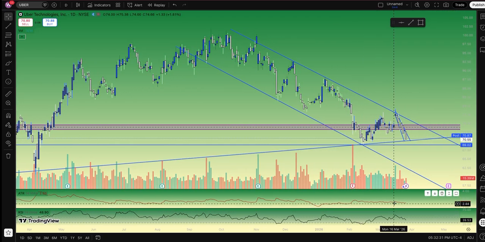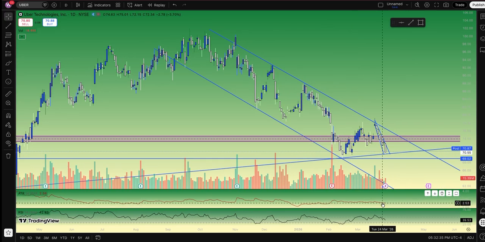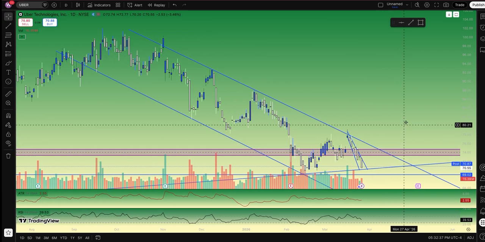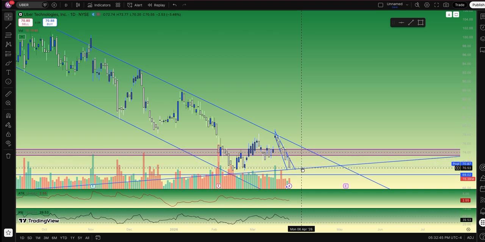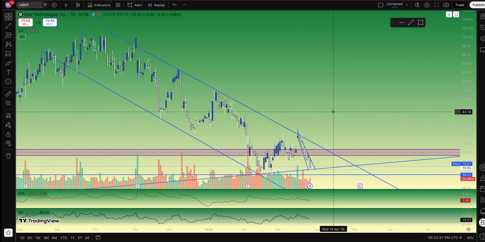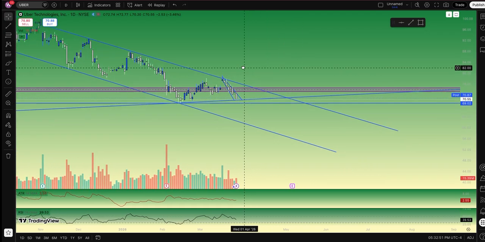So the ATR for Uber is $2, right? So it's implied that the stock is going to move $2 intraday, right? So from here, 72 down to 70, it moved $2, right? So this is a good indication of what I'm picking.